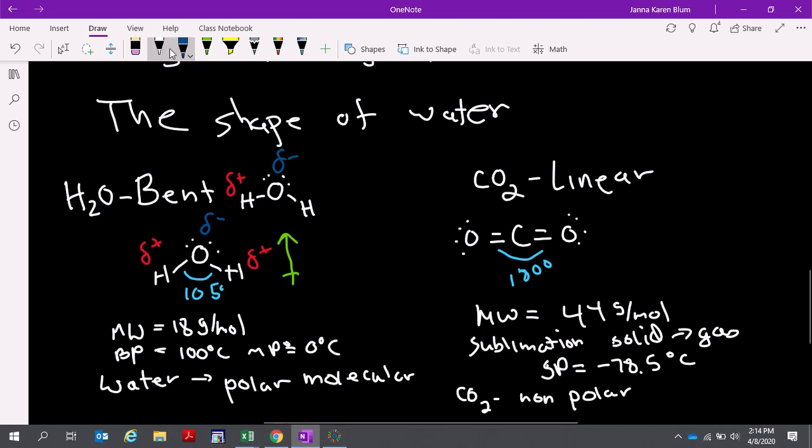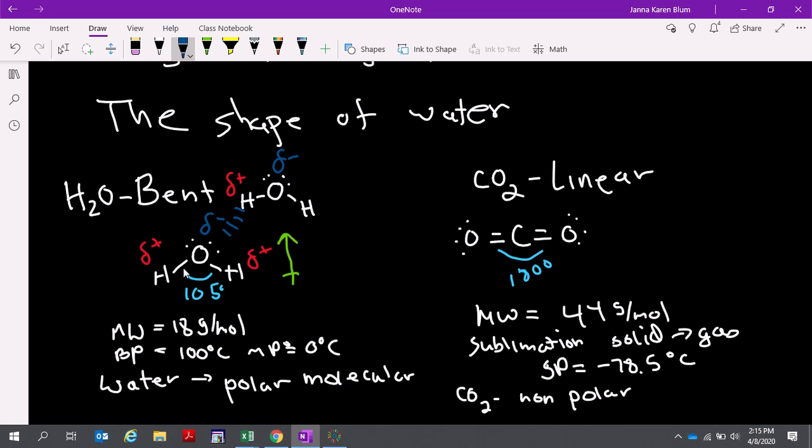So there's an attraction here. And this attraction between water molecules is what gives water a lot of its features. Because water is attracted to other water molecules, that means it takes more energy to separate water molecules from each other, which gives it, for its molecular weight, albeit very small, it's a very light molecule, a fairly high boiling and melting point.